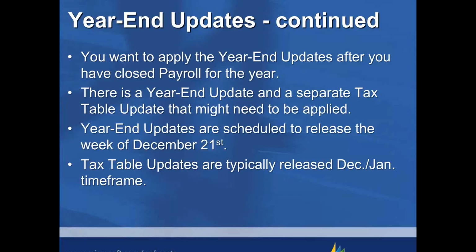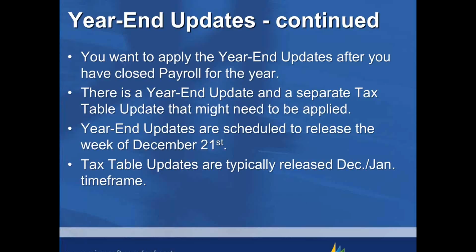Year-end updates include applying the year-end updates, but you should do that after you have closed the payroll for the year. If you're doing payroll, the update should be installed after you've closed payroll for the year. There's also a separate tax table update that should come out around the same time.